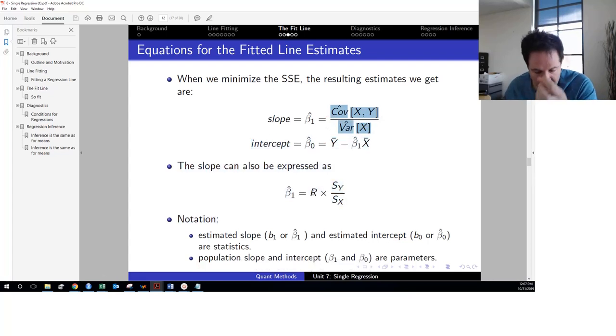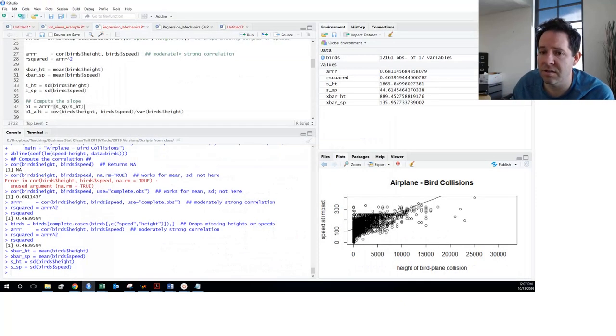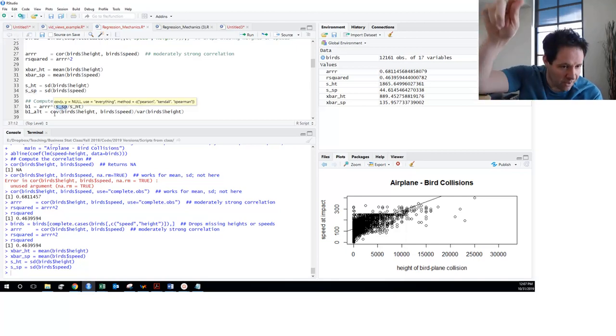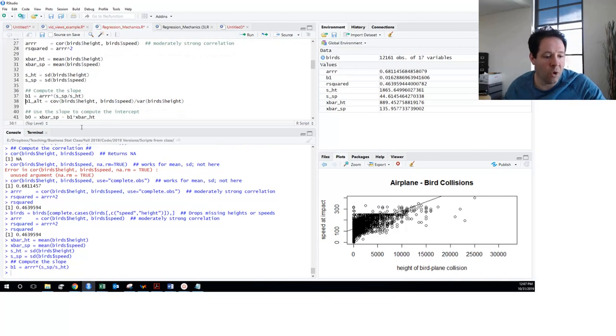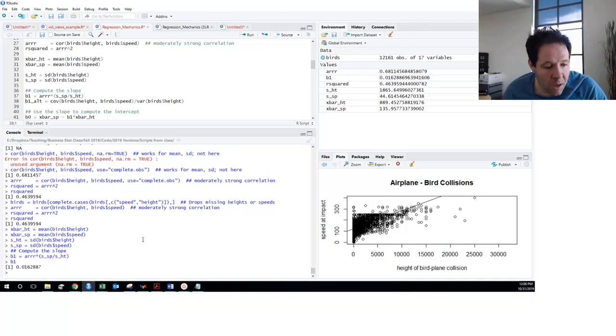The other is we could compute the sample correlation and multiply by the ratio of the standard deviation of y to the standard deviation of x. Let's do each of those and show that they work the same way. We're going to do the second one first. Correlation times the standard deviation of speed, that's our y variable, divided by the standard deviation of height, that's our x variable. Compute that, we get our B1, or beta 1 hat, a slope of 0.016. Now, what does that mean?